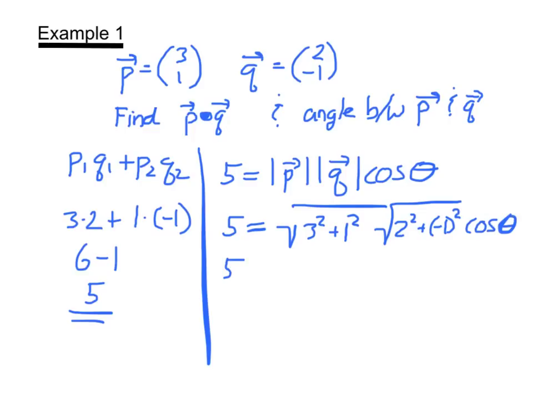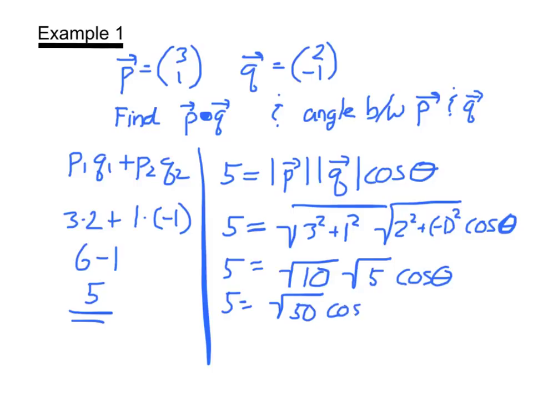So I have 5 equals the square root of 10 times the square root of 5 times cosine theta. This is equal to the square root of 50 cosine theta, which is equal to 5 times square root 2 cosine theta.